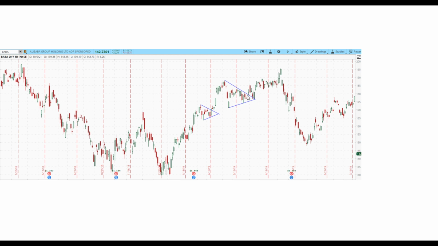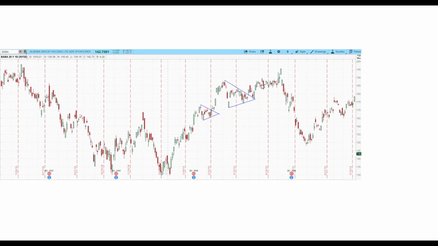And in this case, you could have won either way. Had you taken the breakout, you would have got a good $6. It came down and retested the triangle here, and then it took off from there. So had you been a breakout trader or a retest trader, either way, this pattern could have helped you out big time.